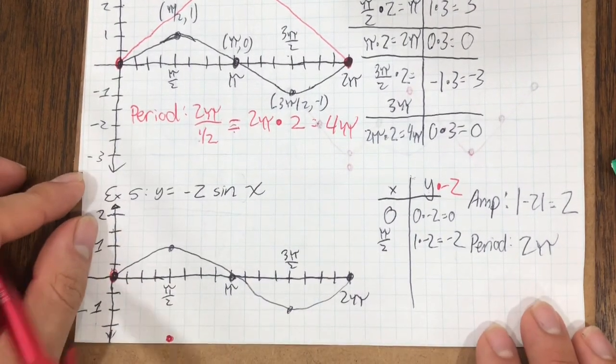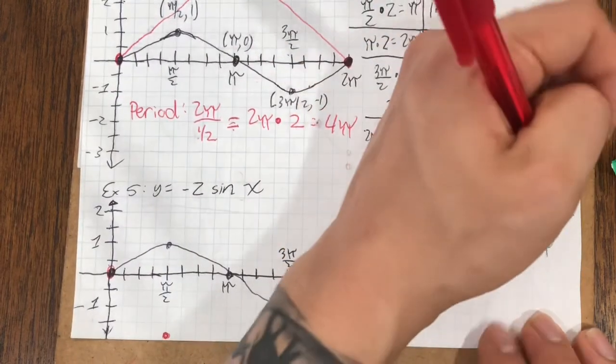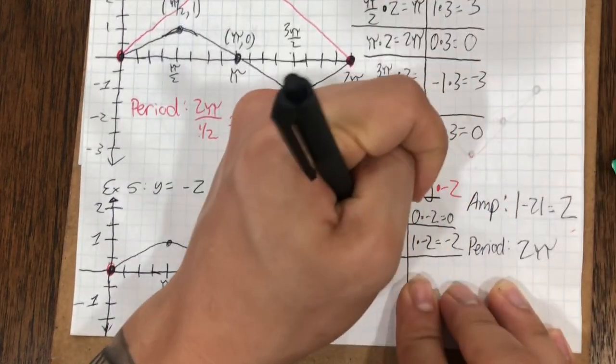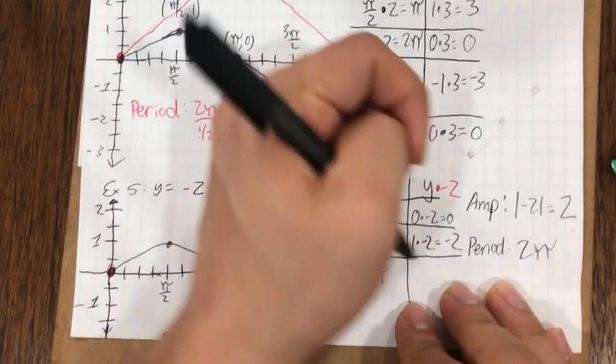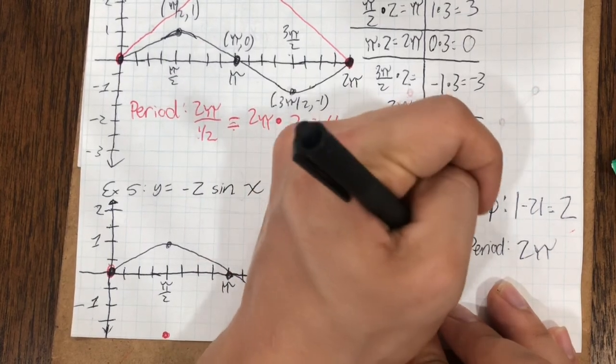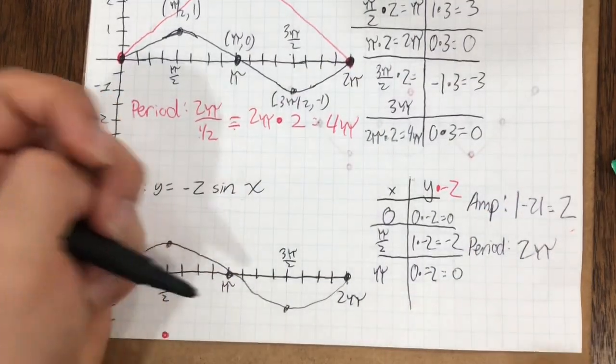And then I have pi, and 0 times -2 is still 0. So I'm at pi, 0.